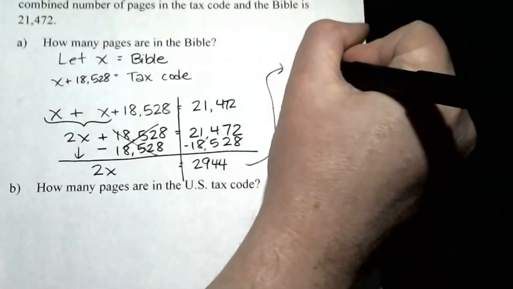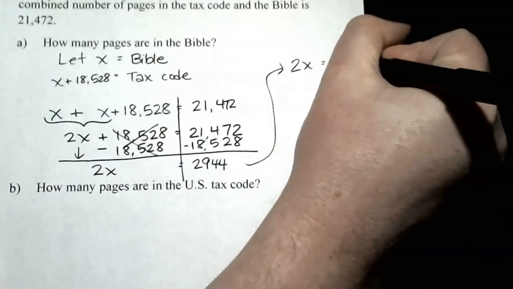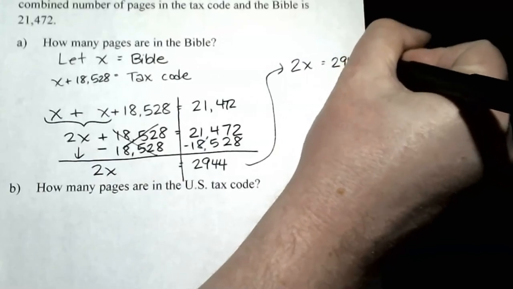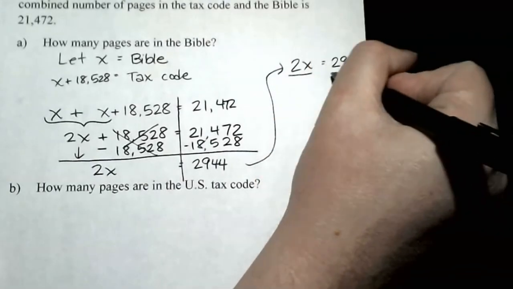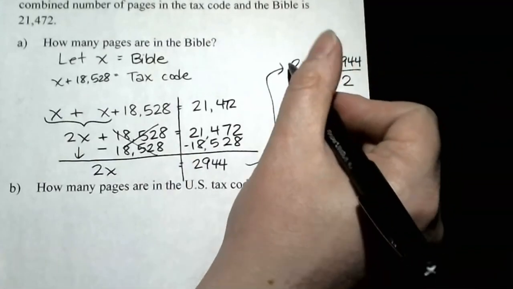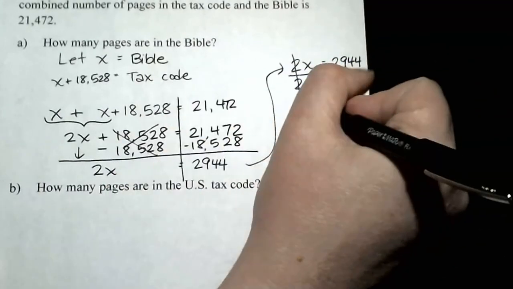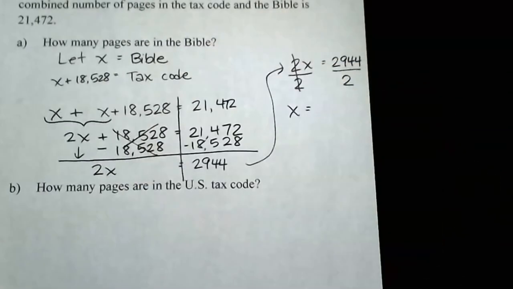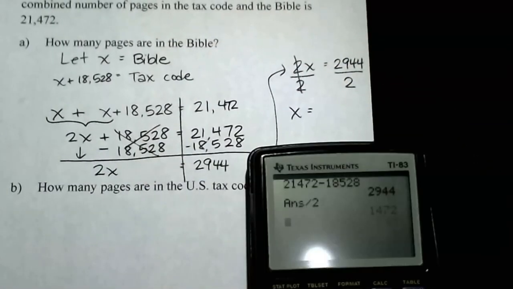So this is where you're going to divide by the coefficient. So divide both sides by 2. That way these 2's will cancel and x will be by itself. So I get a final answer of 1,472.